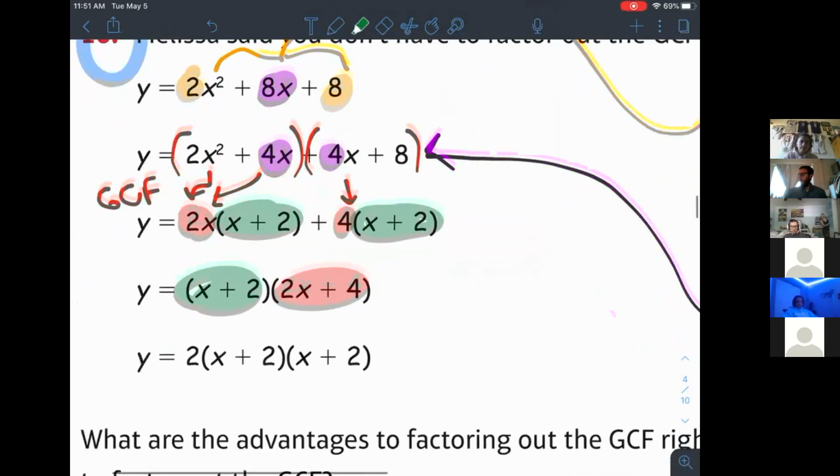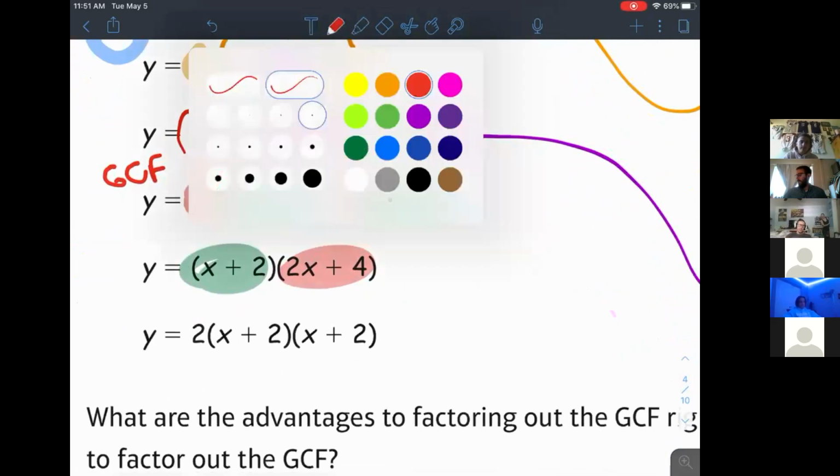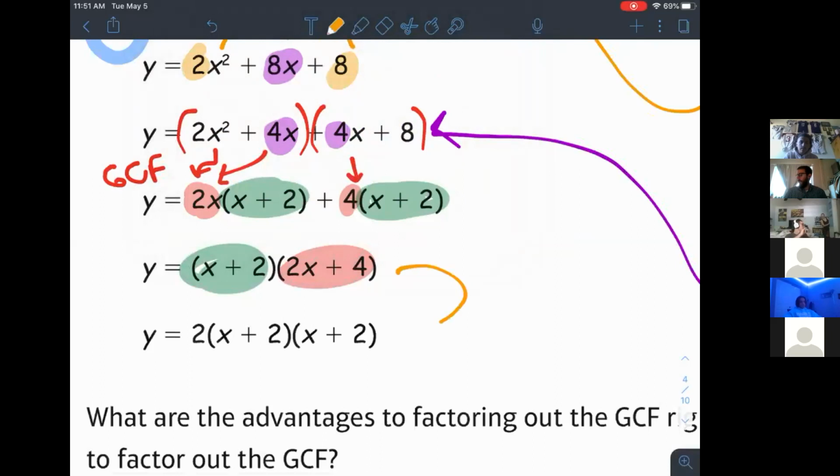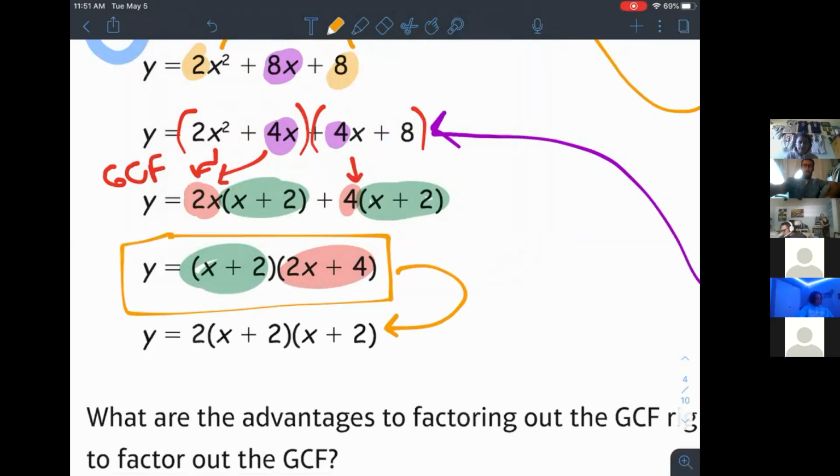Now the final question I had to ask is basically, how did we get from here to there? If we're all cool with this, and this is the process that we got to, I'm going to make an argument that the bottom or the tail end of the orange arrow here is technically the most factored form. What is the one thing that Melissa did to get from the box down to the 3 underlined final answer?